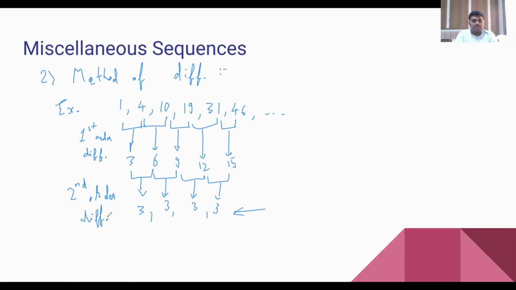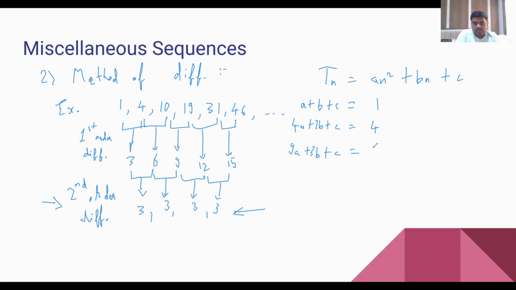So from this, since we have done up till second order, we can say that Tn is equal to an square plus bn plus c. Now T1, so a plus b plus c is equal to 1, then n is equal to 2. So 4a plus 2b plus c is equal to 4. 9a plus 3b plus c is equal to 10.